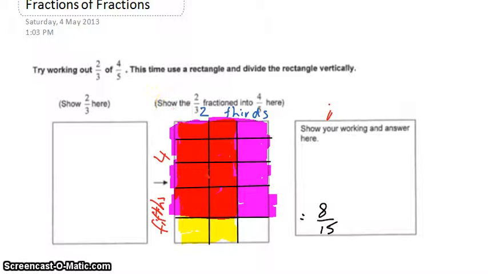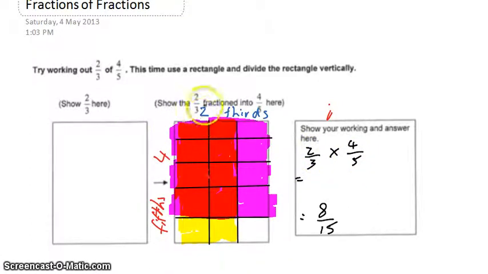Okay? Now I've got my 2 as my numerator, 2/3, multiplied by my 4/5. And we can see that when we're working this out using multiplication, we're actually using times again. 2/3 of 4/5 is really 2/3 times 4/5.